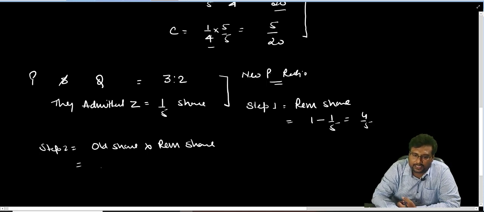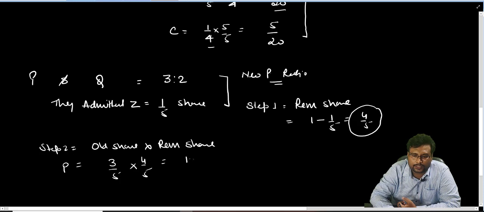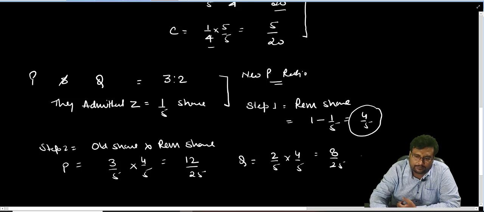So old share for P is 3 by 5 into remaining share 4 by 5, so it will be 12 by 25. For Q, it will be 2 by 5 into remaining share 4 by 5, which is equal to 8 by 25.